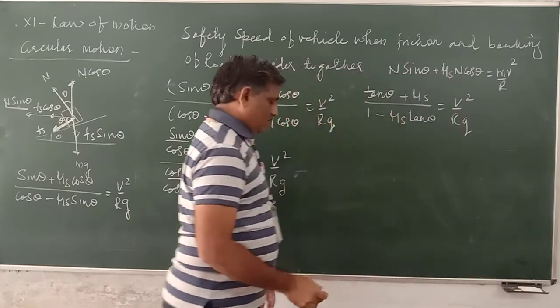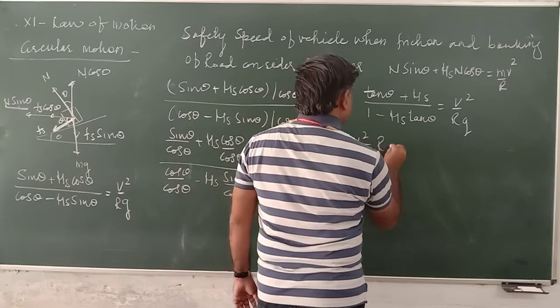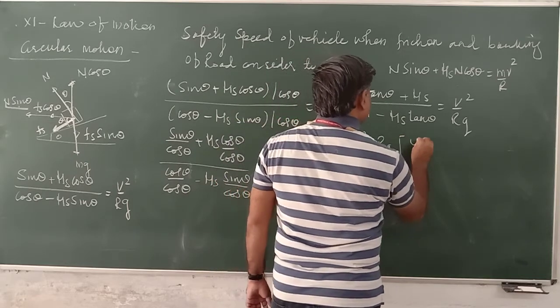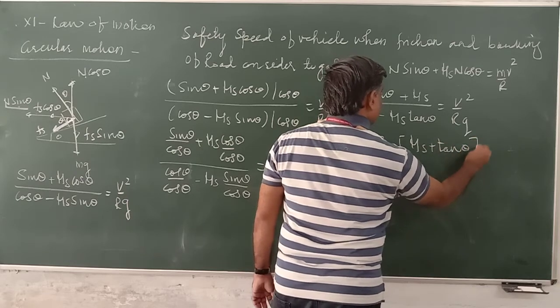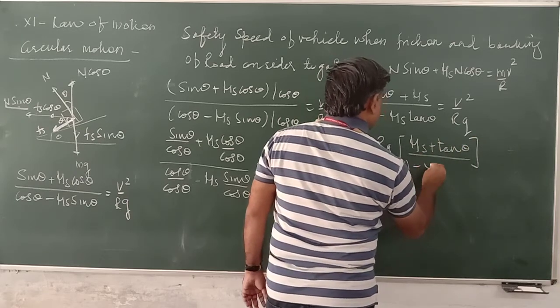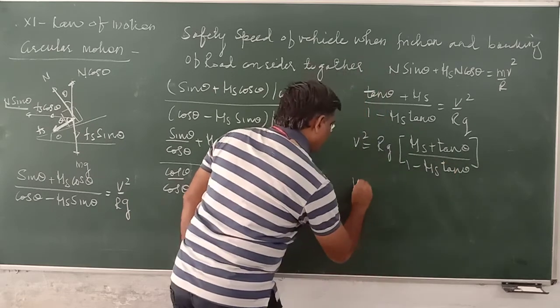So from this one, v square is equal to rg times, in the bracket, mu s plus tan theta, denominator 1 minus mu s tan theta, or v max square.